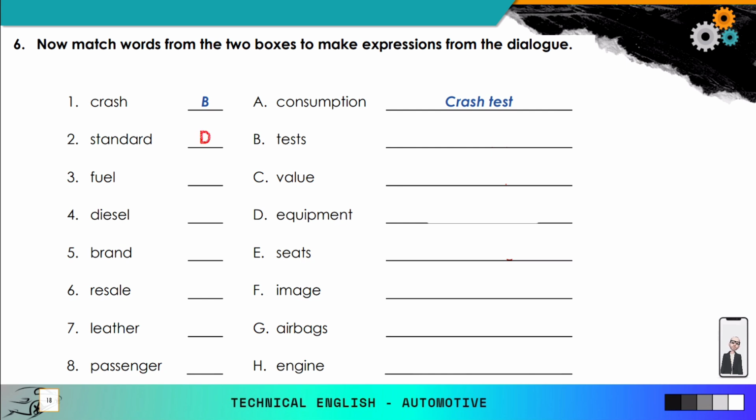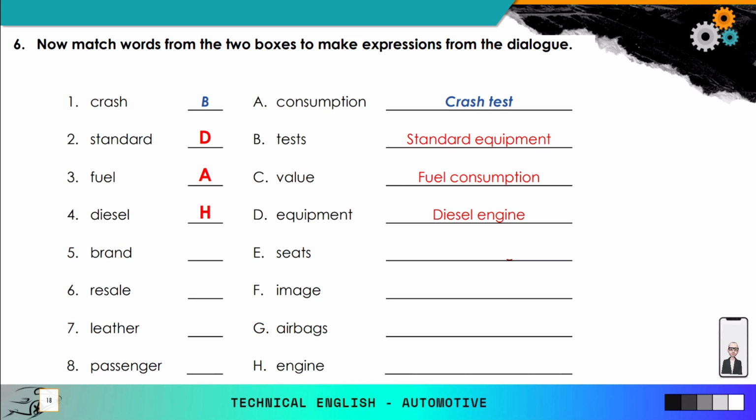So standard would be matched with equipment, standard equipment. Fuel, again, check the answers or take a screenshot and make the connections and then check your answers, okay? Fuel would be fuel consumption. Diesel would be diesel engine.